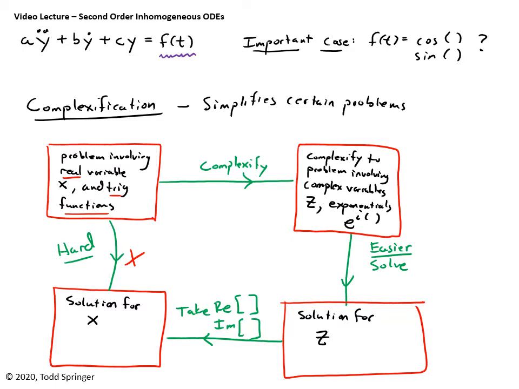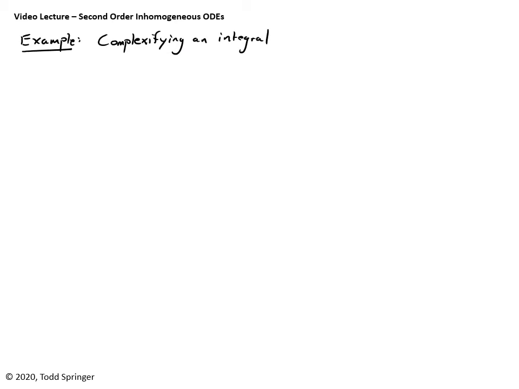Okay, so let's do an example. I'll show you a couple of situations where this can help you. Let's do an example of complexifying an integral. Let's do this integral, e to the x cosine 2x dx. Maybe you've seen this integral before and you've learned how to do it, and it's actually kind of hard.